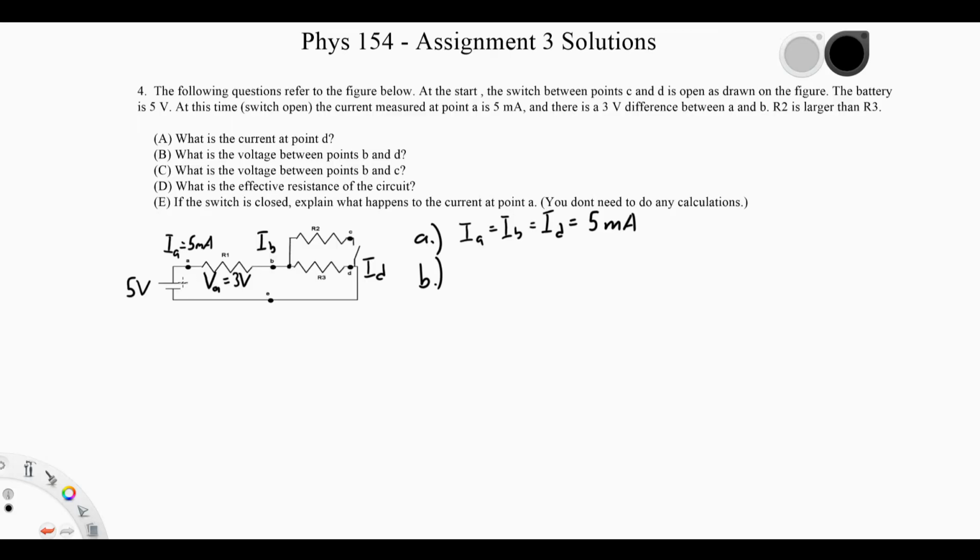Because at the positive end of the start of our circuit and the negative end, the end of our circuit, the total difference between those two spots is 5 volts. Which means because across R1 we lose 3 volts, we need to lose the rest of it after R3, which means VBD is going to be 2 volts.